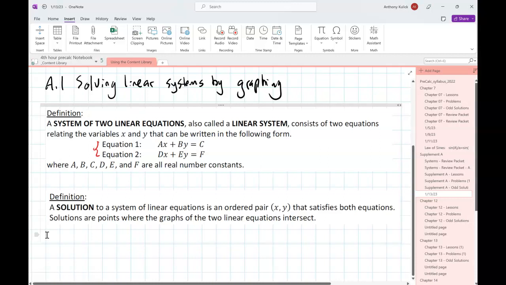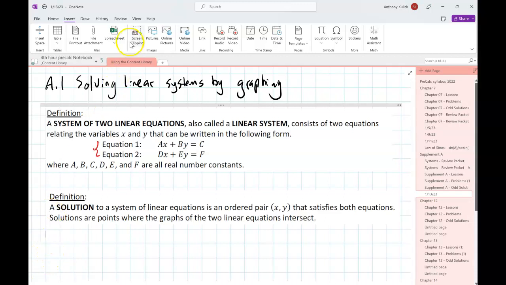So if I have an x and a y that satisfies equation 1, and an x and a y that satisfy equation 2, the only place where they can be satisfied is where the lines intersect, right? Only points where the two functions intersect can be solutions to our system. Everybody's okay with that?